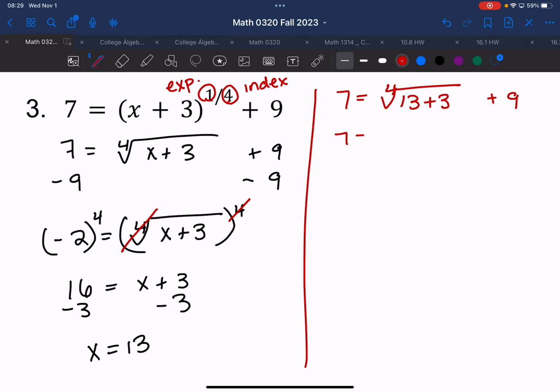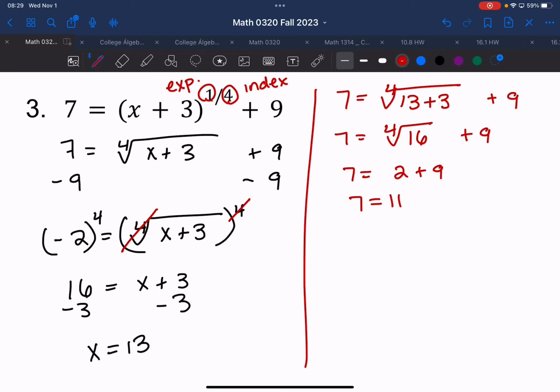So that means I have 7 is equal to the 4th root of 16 plus 9. If you type in the 4th root of 16 into your calculator, you get 2. So 7 is equal to 2 plus 9. 2 plus 9 is 11, so 7 is equal to 11.